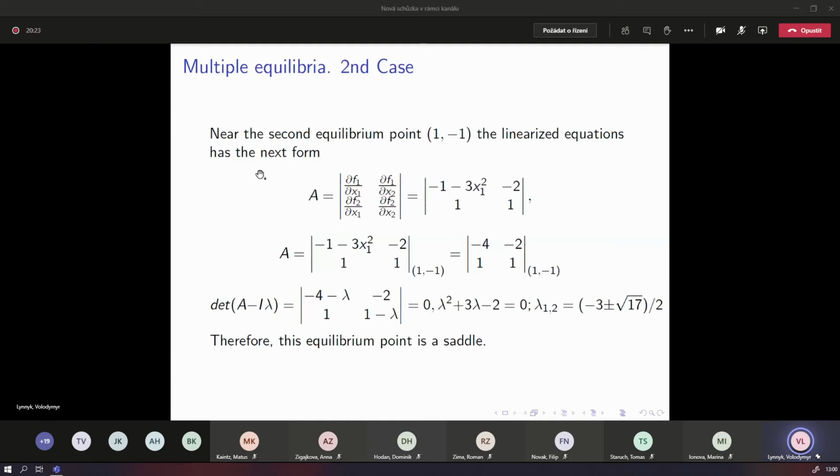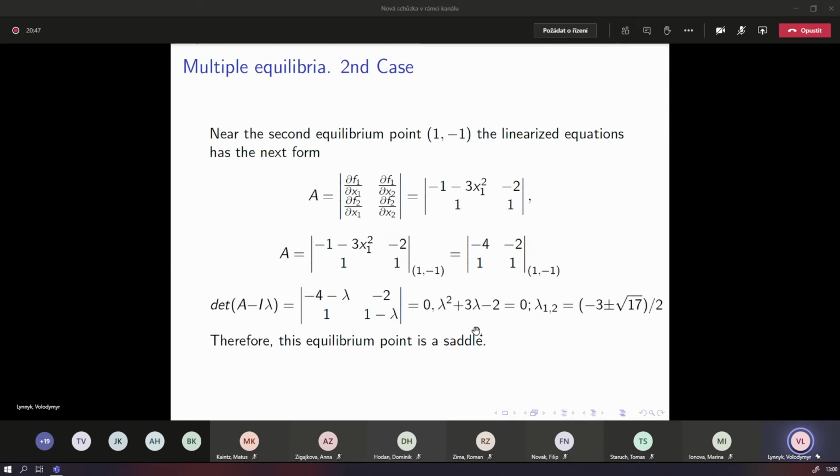Multiple equilibria, second case, near the second equilibrium point, 1, minus 1. The linearized equation has the same form, and we put the 1 here and find that lambda squared plus 3 lambda minus 2 equal to 0.